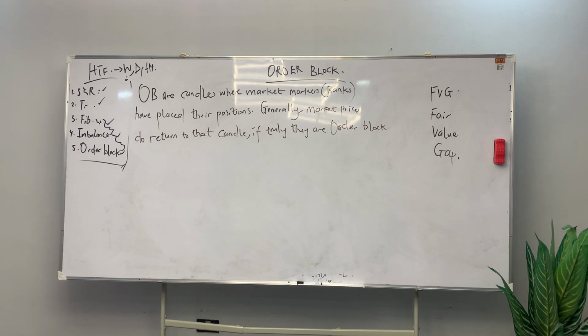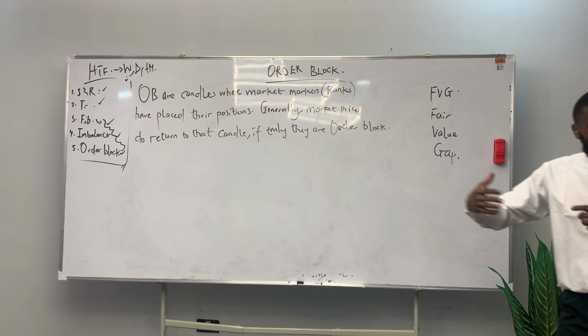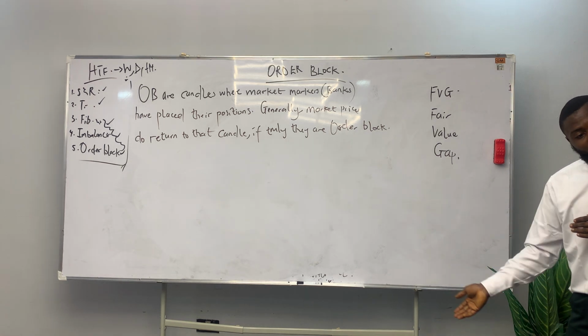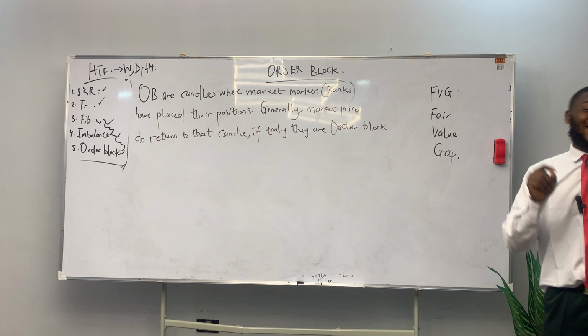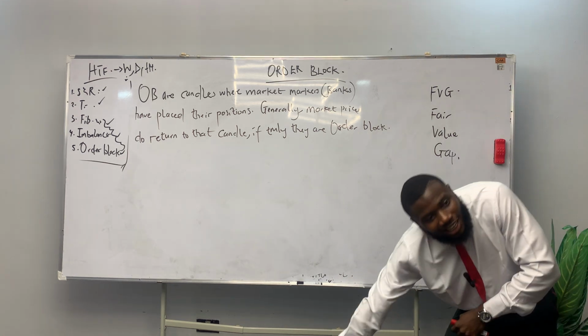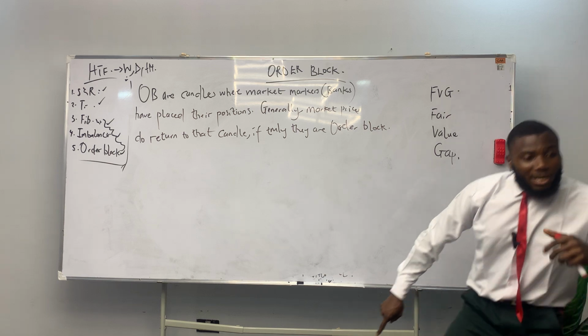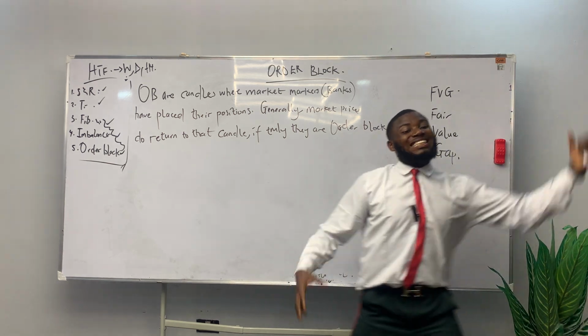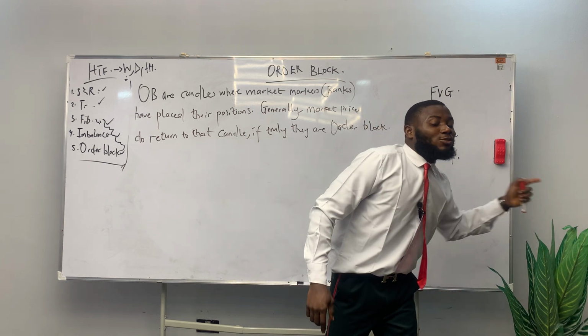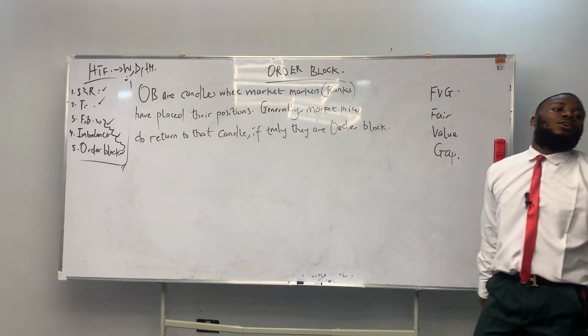So generally, market does go back. It's like imbalance. That's why I say they are kind of the same, but not really the same. They do the same thing, kind of. In imbalance, market goes back to that gap. In order block, market goes back to that candle.